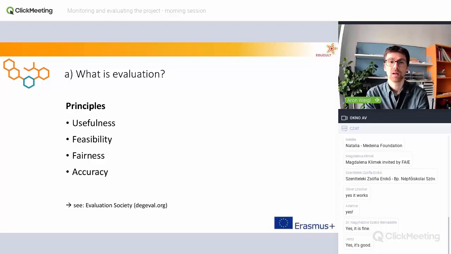So evaluation has to be flexible, but still always keep in mind why you're doing it, which questions you want to answer. So, that's some introduction to what evaluation is.